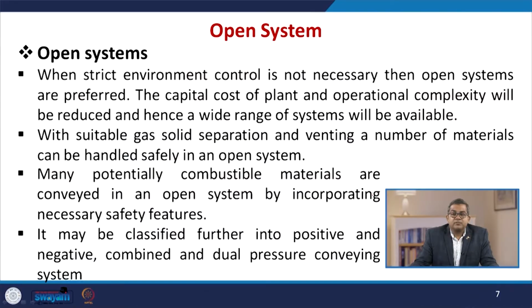With suitable gas solid separation and venting, a number of materials can be handled safely in an open system. Many potentially combustible materials are conveyed in open systems by incorporating necessary safety features. We have already discussed various safety features in previous lectures. It may be classified further into positive, negative, combined and dual pressure conveying systems.